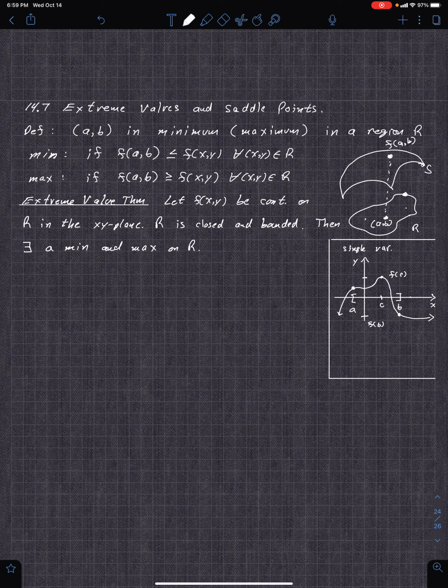And what you would say in Calc 1 is it may occur at the endpoints. Well, if we don't have endpoints, you would say it may occur on the boundary. So you have to test the boundary.